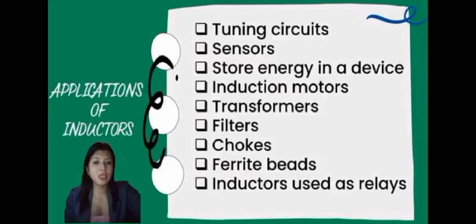Like in traffic signals, proximity sensors are used to detect the traffic density. Inductors can also be used to store energy in a device. Inductors can store energy for a small period of time because the energy stored as a magnetic field is lost when the power supply is disconnected.